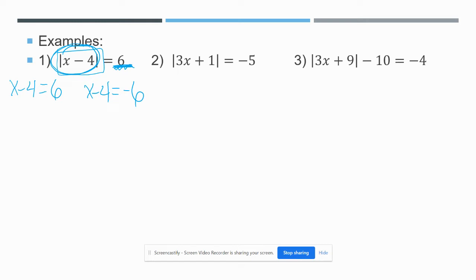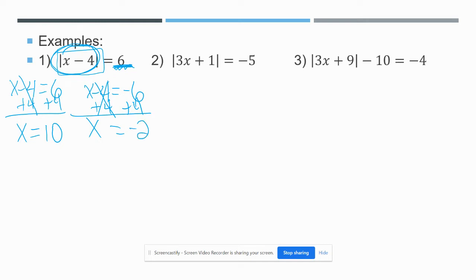Once we've written our two equations, then we solve for x. The opposite of subtracting 4 is adding 4. That adds to 0, so we're left with x is equal to 10. For the other one, the opposite of subtracting 4 is adding 4. We have x, and that adds to 0. Negative 6 plus 4 is negative 2.